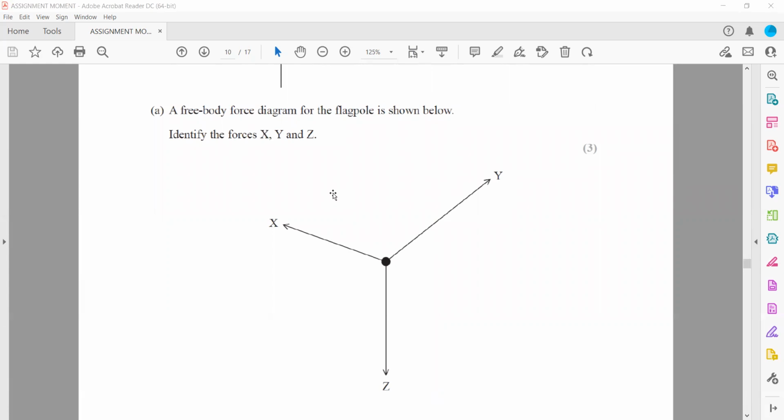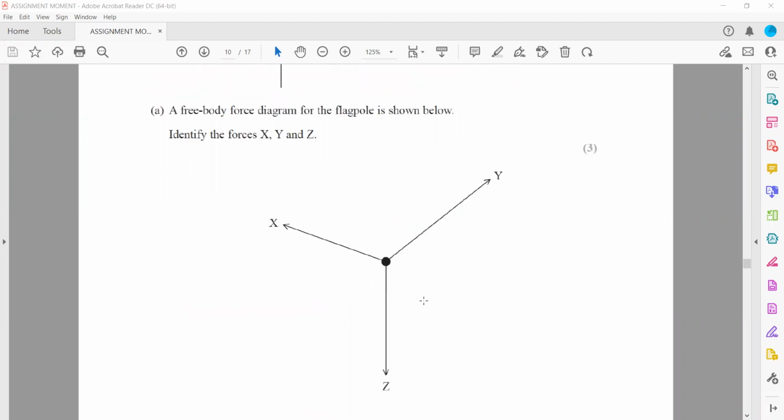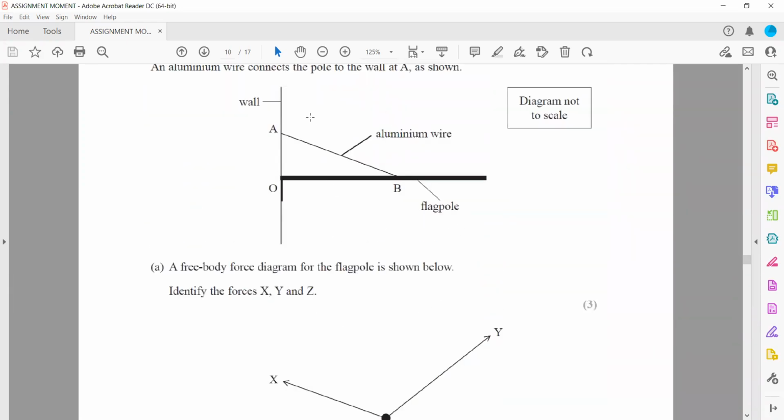So, what are the forces X, Y, and Z? First, X: whenever a force is applied by using a wire or a string, that force is called tension. So this one refers to tension. Then the downward force, as I mentioned here, is the weight. And what about this Y? As you can see here, this position is in contact with the surface.